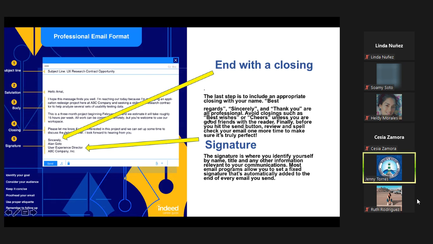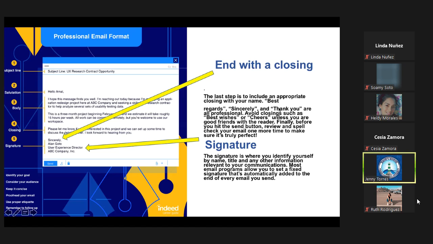Pero estas dos de aquí nunca me las van a usar para un correo de negocio. Best wishes or cheers. Ok, eso es totalmente informal. Best wishes, mis mejores deseos, o cheers, saludos. Estas dos no me las usan. Van a usar best regards, sincerely, or thank you.